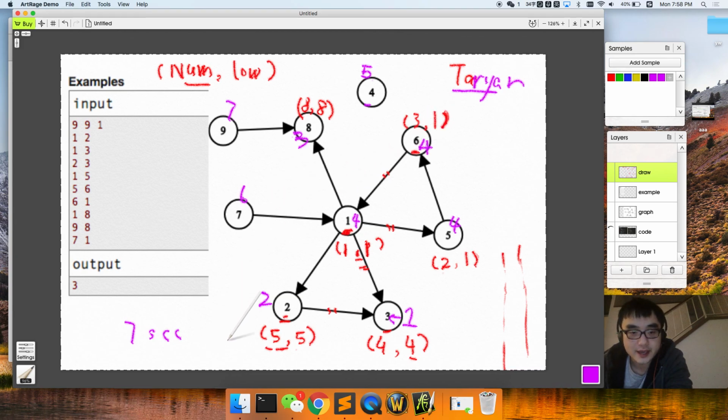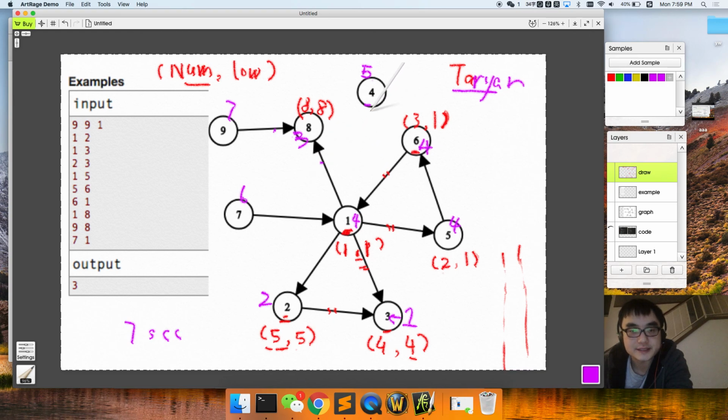So we count for the first SCC. The first SCC is here, so it has 2 in degrees. So the counter is still 0, and we check the second SCC. Its in degree equals 1, so we check the third. Its in degree is 2, so we check the fourth. It has the start node in the SCC, so we keep moving on.